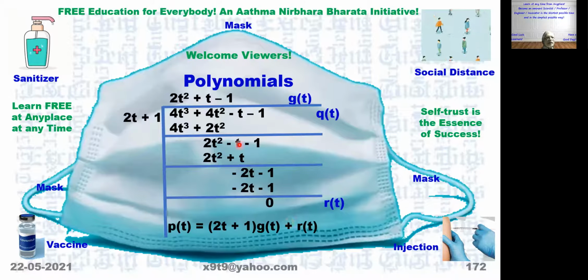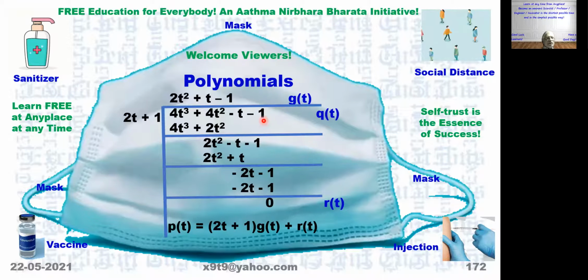So let us carry out a long division by using the procedure described earlier. Here, 4t cube plus 4t square minus t minus 1 is the dividend. 2t plus 1 is the divisor.